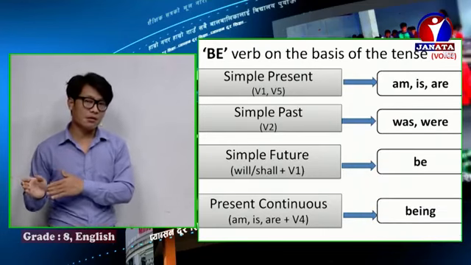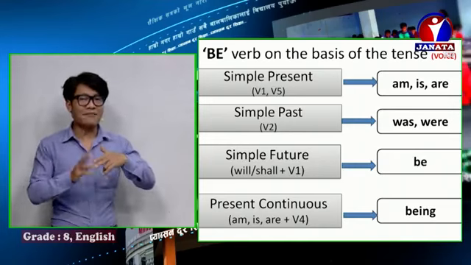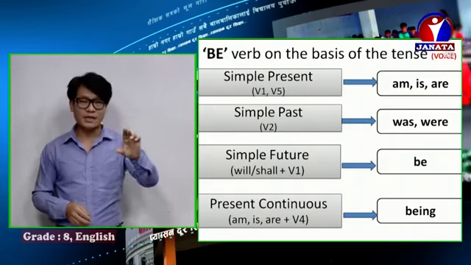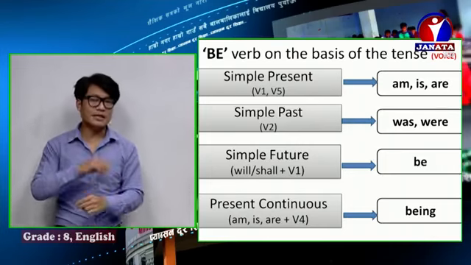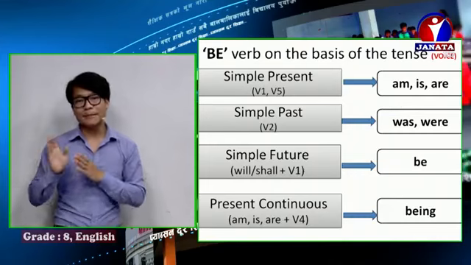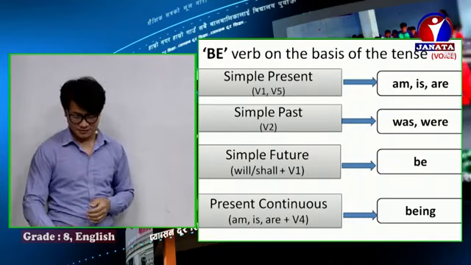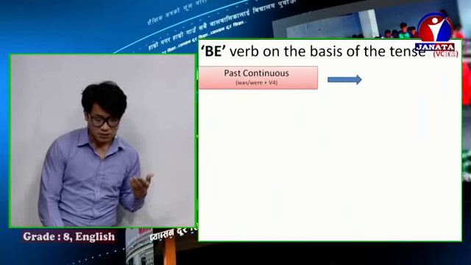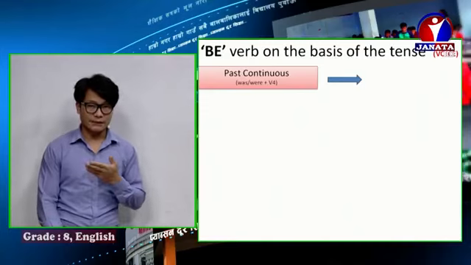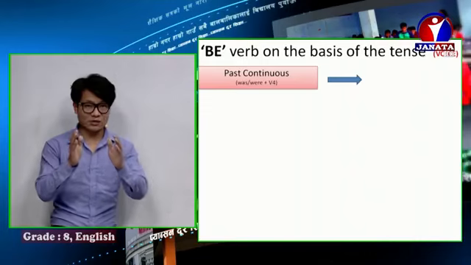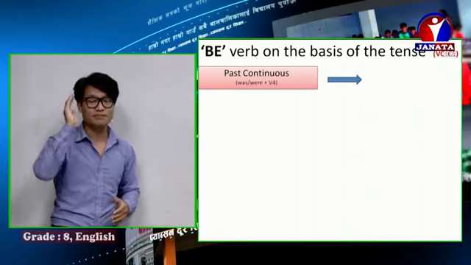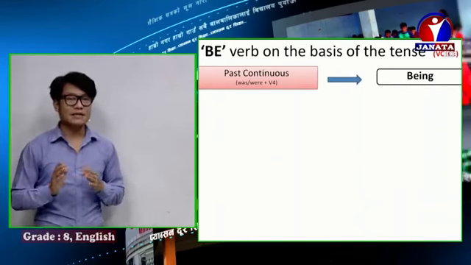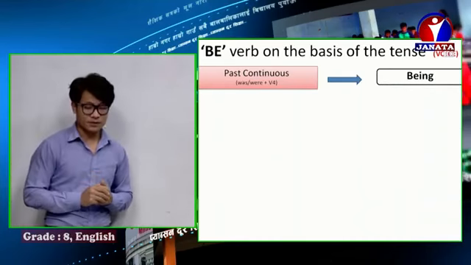Remember, if there is am, is, are after verb 4, then that is present continuous, and when there is a present continuous, then in passive voice you should use being. Now was, were plus verb 4. If these are in a sentence, then you should be sure that that is past continuous, and past continuous has the same be verb, that is being.